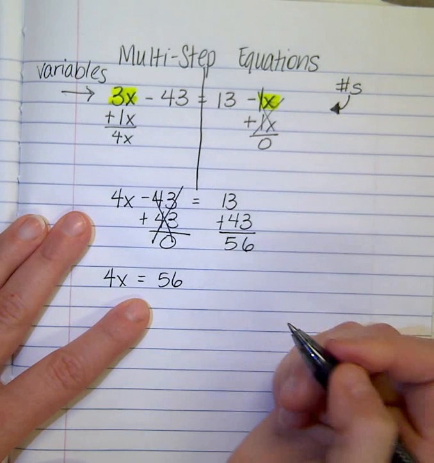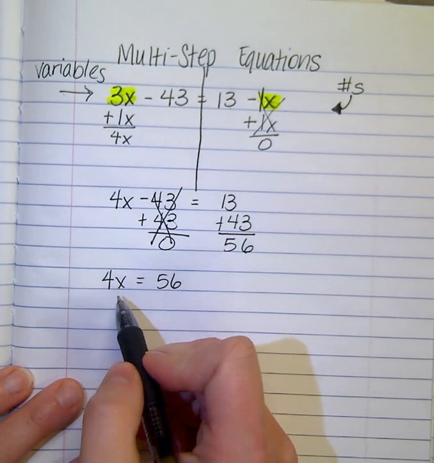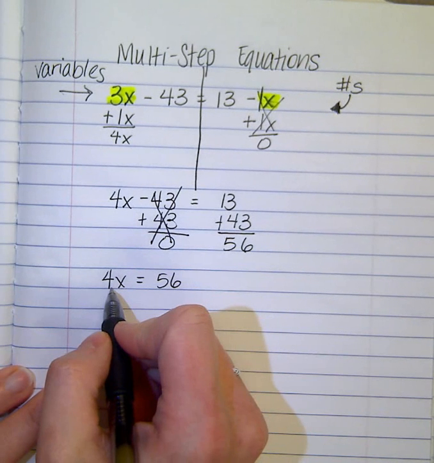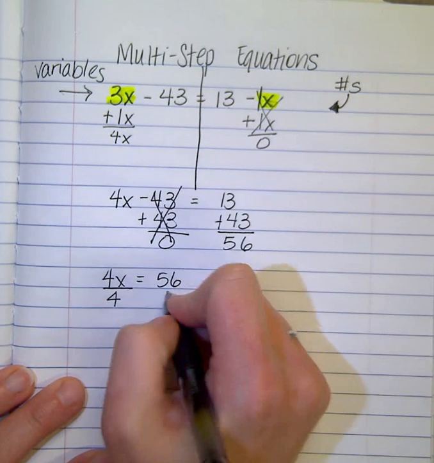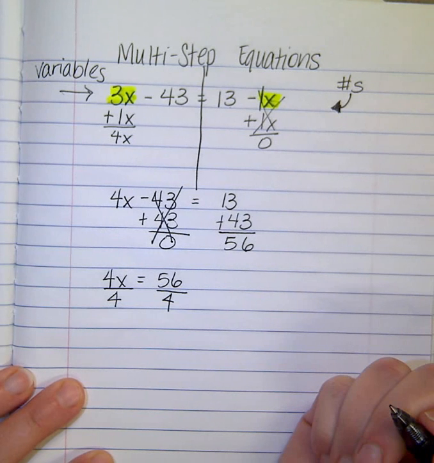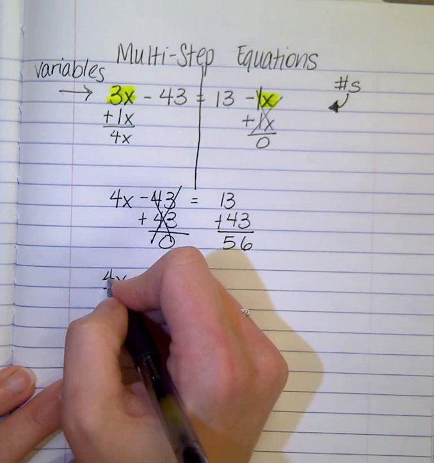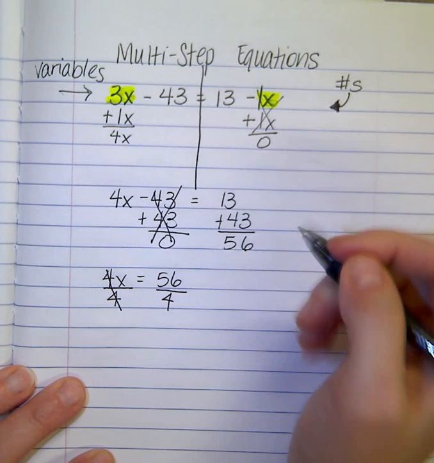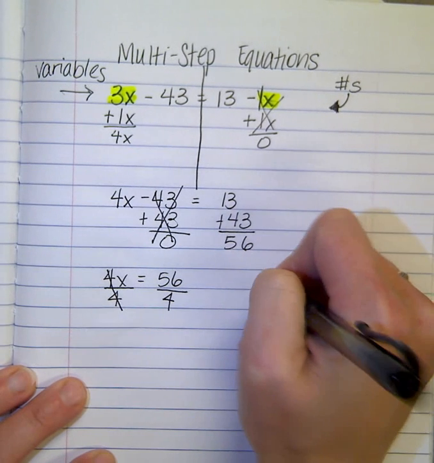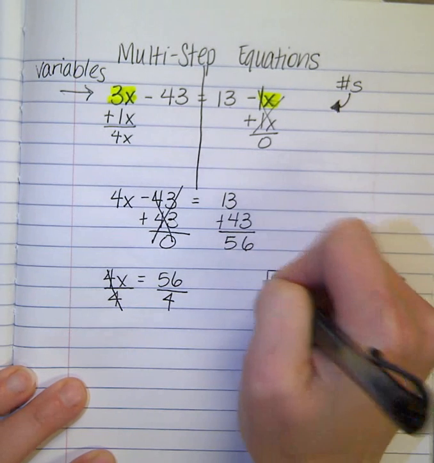Okay, so now how do we get this x by itself? We have to divide because it's being multiplied here, and we have to do the inverse. So we're going to divide each side by 4. 4 divided by 4 cancels out, that's just 1. So you have x equals 56 divided by 4. So we go over here, set that up.